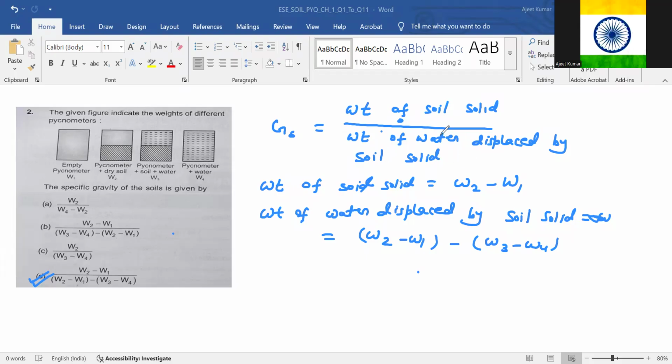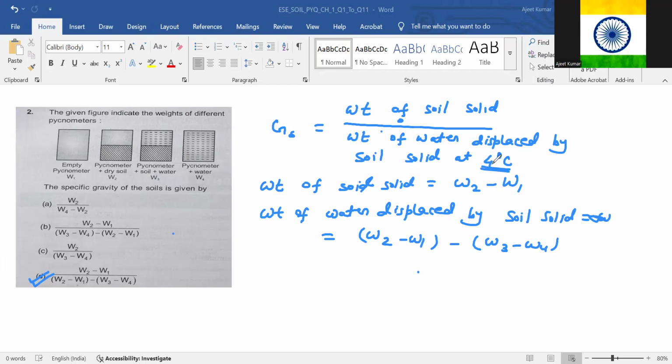Remember this weight of water displaced by soil solid is at 4 degrees Celsius temperature. Temperature is important in this case. At different temperatures, the same volume of water may have different weight, because at 4 degrees Celsius the density of water is highest.